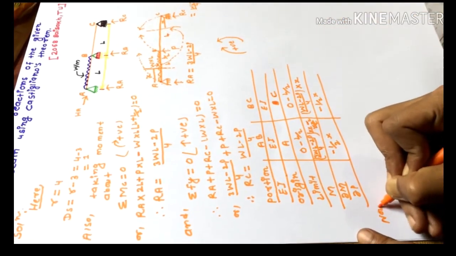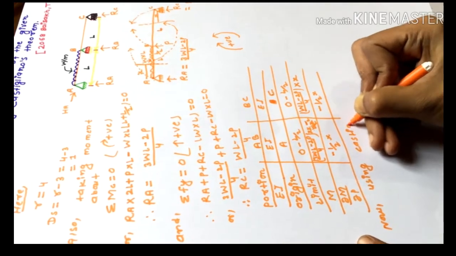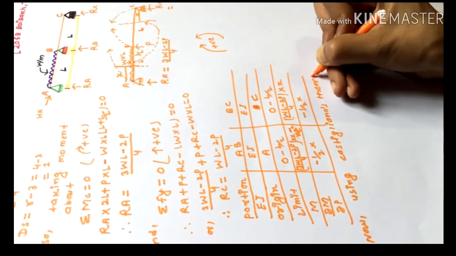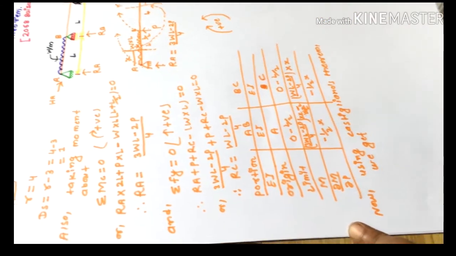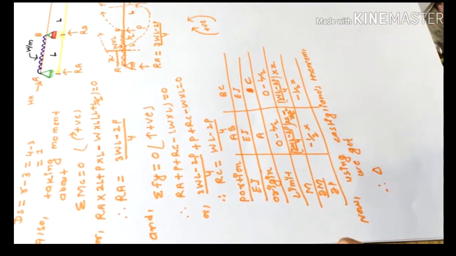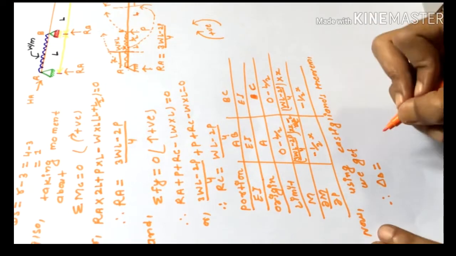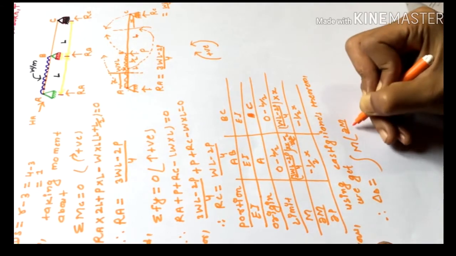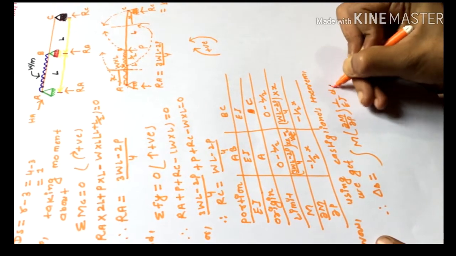Now using Castigliano theorem, we know if del B is the deflection at point B, then del B is equal to integral of M del M by del P 1 by EI dx.